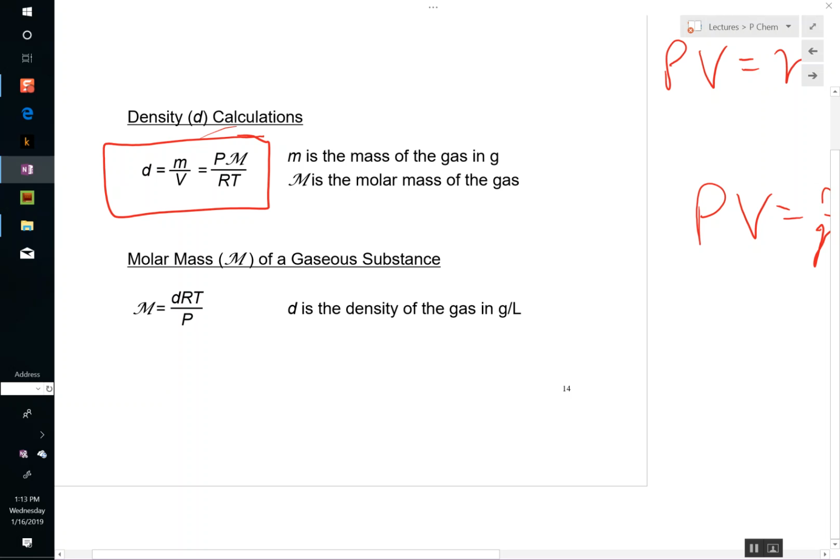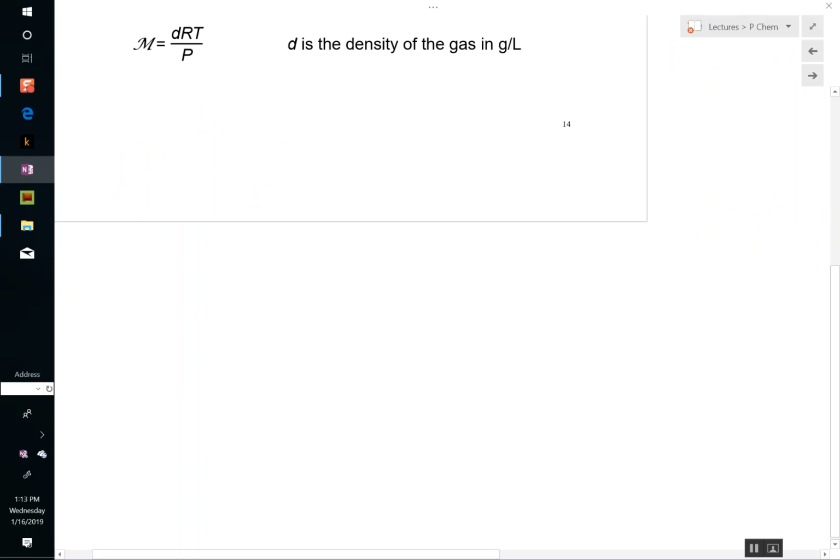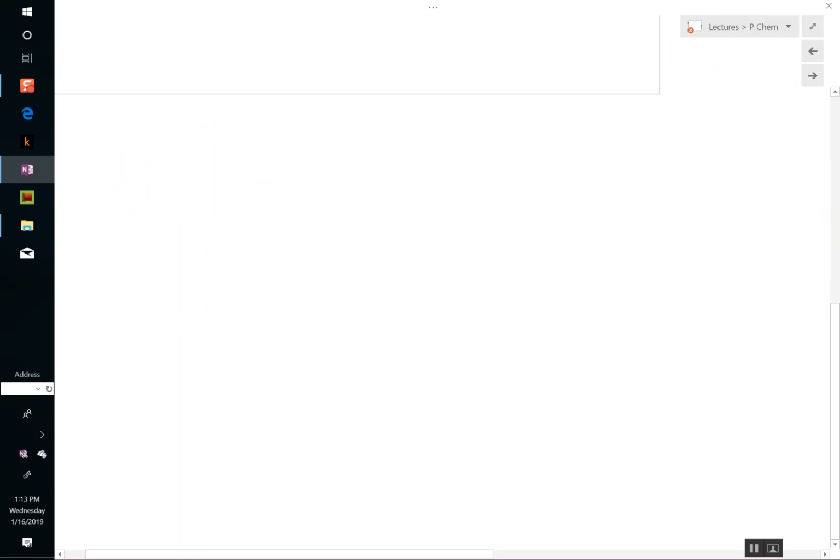So if I gave you a density, I told you to bring your calculators. You all got them? Let's say the density is, I'm just going to throw a number out, let's say 2.79 kilograms per cubic meter.